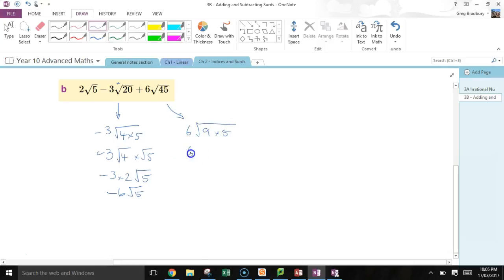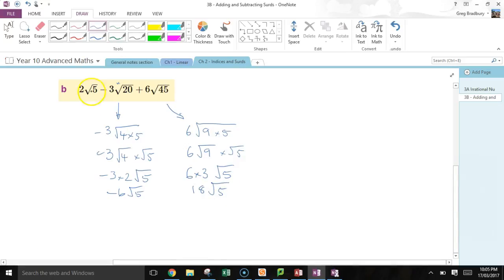Let's do another step. Square root of 9 times the square root of 5. The square root of 9 is 3, and root 5. I'm taking out the times there. Hopefully you can see that if you have a number followed by a bracket or a surd, it's actually meaning to times. So 6 times 3 is 18 root 5.